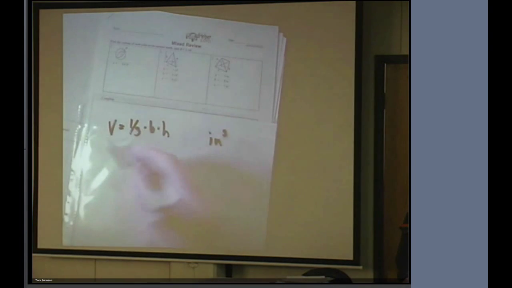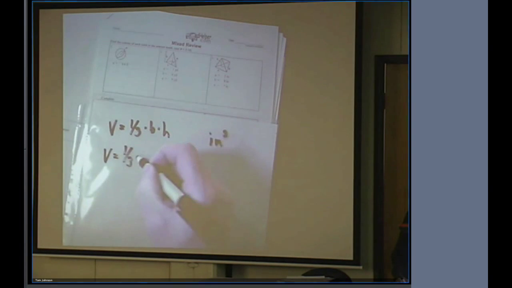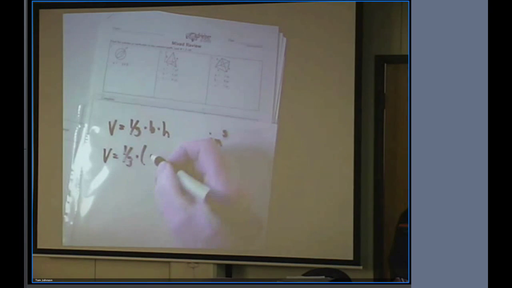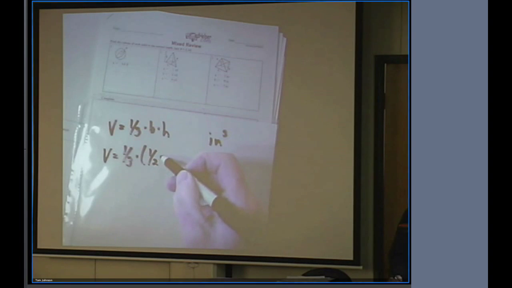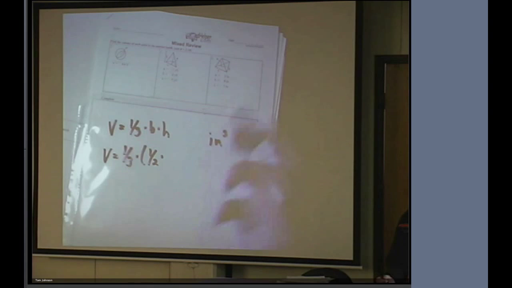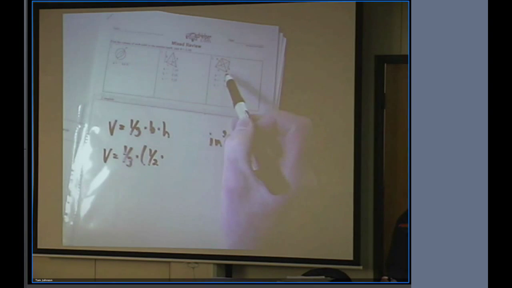So let's break this down even a little bit more. So 1/3 times the base of that pyramid. Well, we've said that the equation for the area of the base of the pyramid is 1/2 times C times B, right?